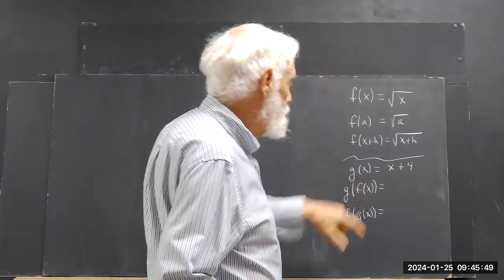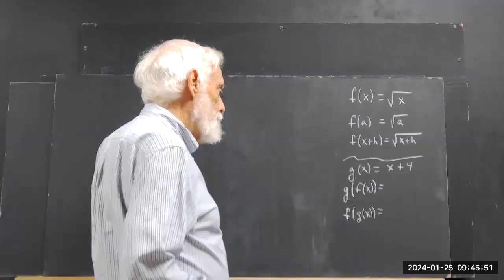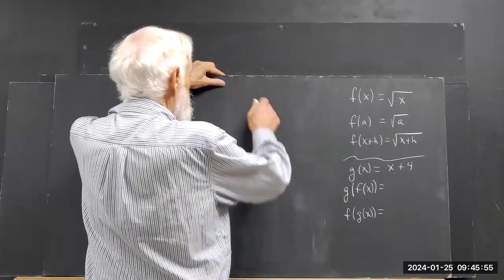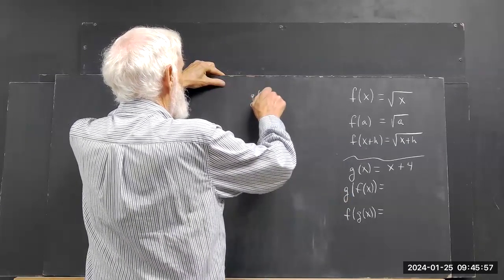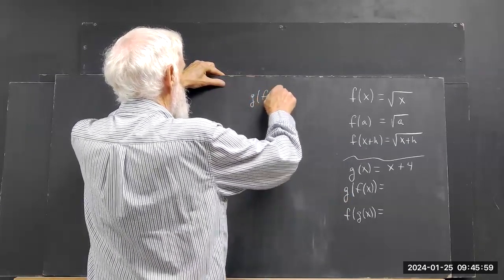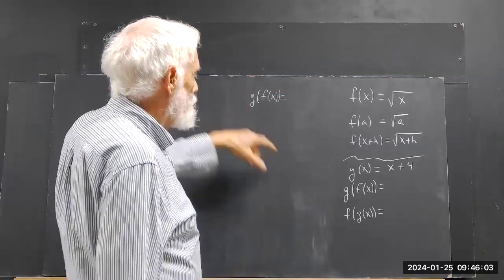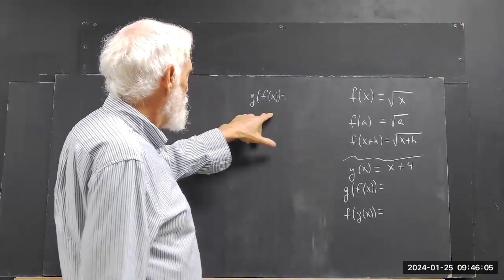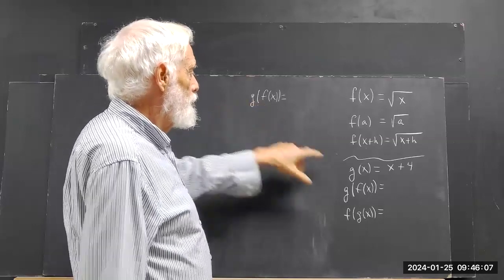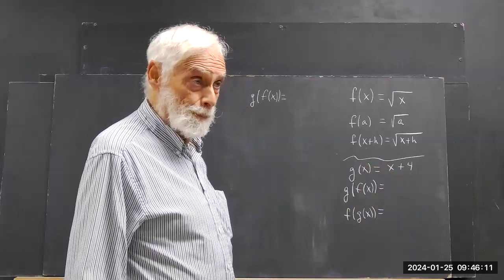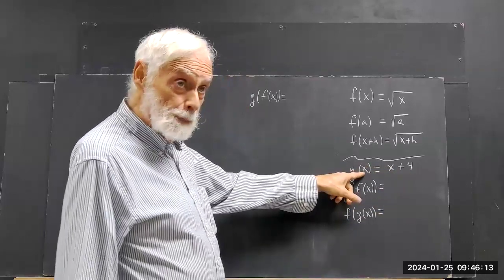Okay, what's G of F of X? Well, I'm going to need a little more room than I gave myself here. I've got G, so I've got to look at the definition of G. G of X equals X plus 4. Now what has X been replaced by?